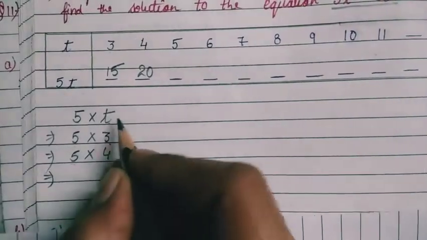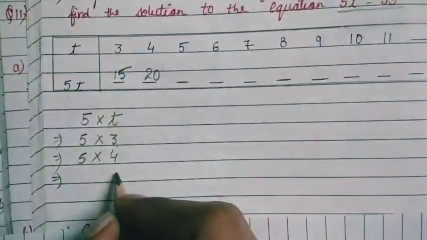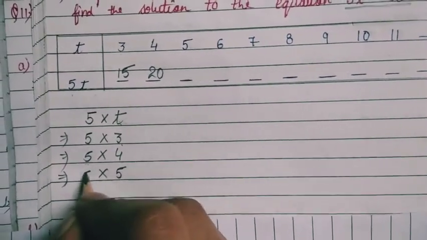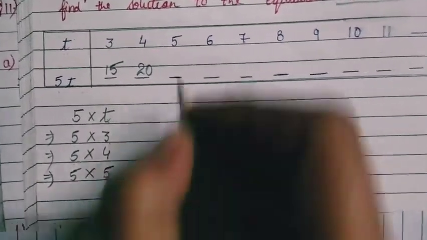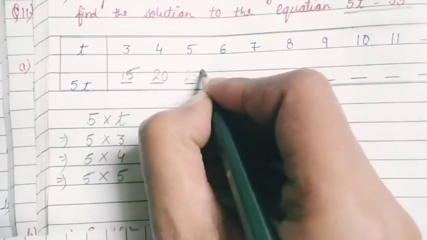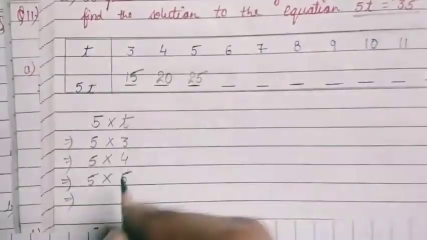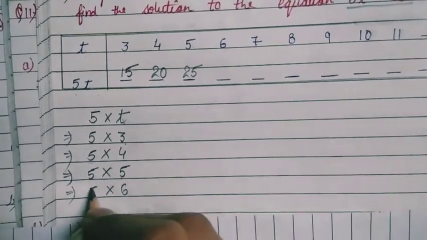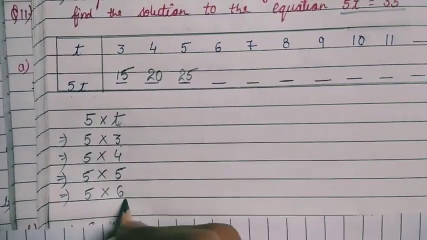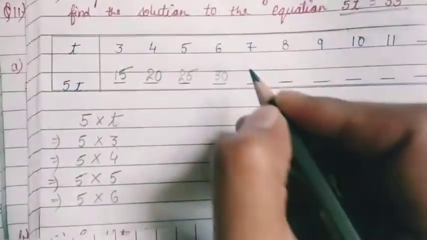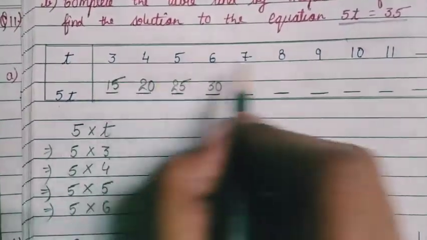Same, if t value is 5, it means this 5 will multiply by 5. So 5 5s are 25. If t value is next one, which is 6, so this 6 will multiply by 5. 5 6s are 30.